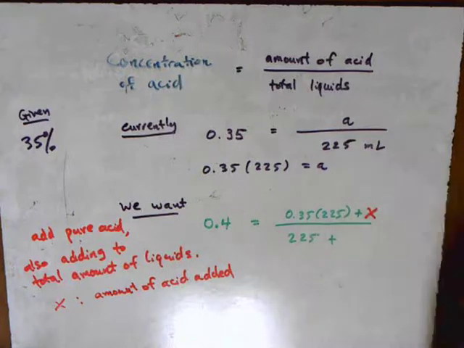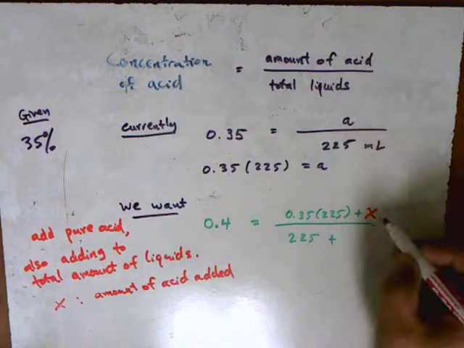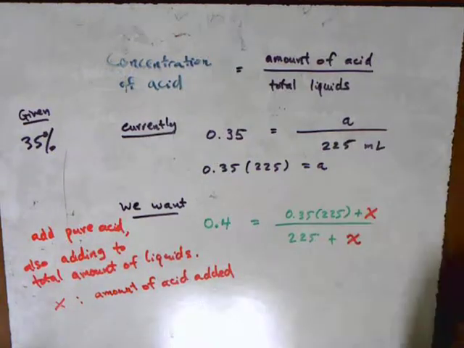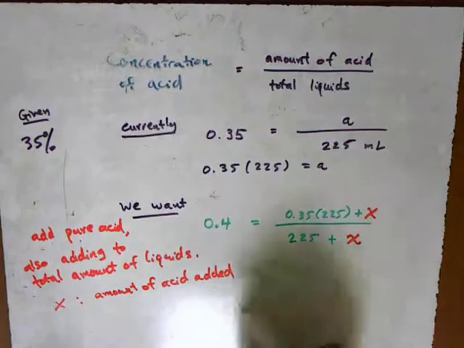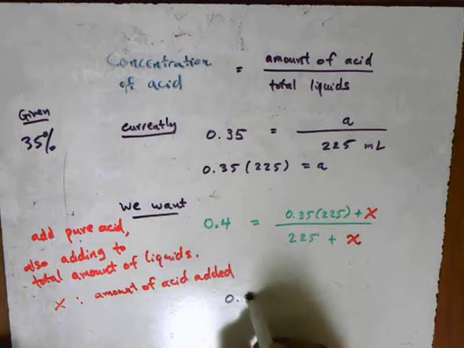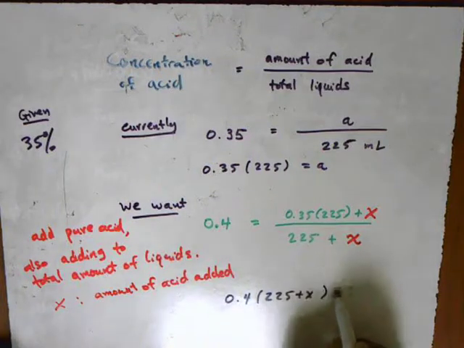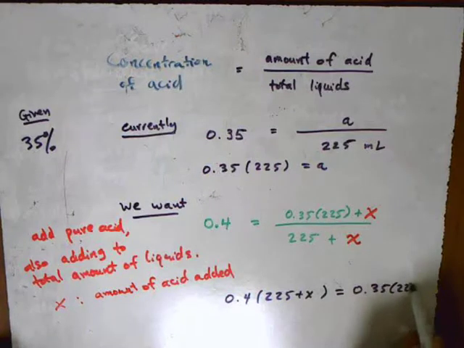I'm going to add some amount of acid to this, but remember that whatever I add to the amount of pure acid, I'm also adding to the amount of the total solution. And so now this is the equation that I can solve, and I'm going to solve this by multiplying both sides by the denominator. 0.4 times (225 plus x) is equal to 0.35 times 225 plus x.